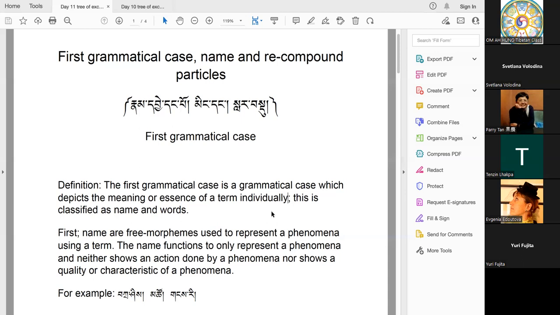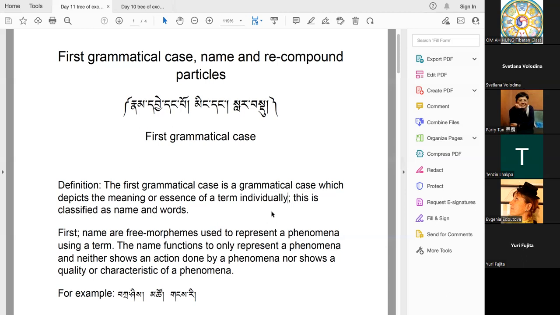So it's not a chair. And the reason why I'm saying it's not a chair is because it's the negation of every phenomenon that is not a chair. So that is the reason why we have individually here.